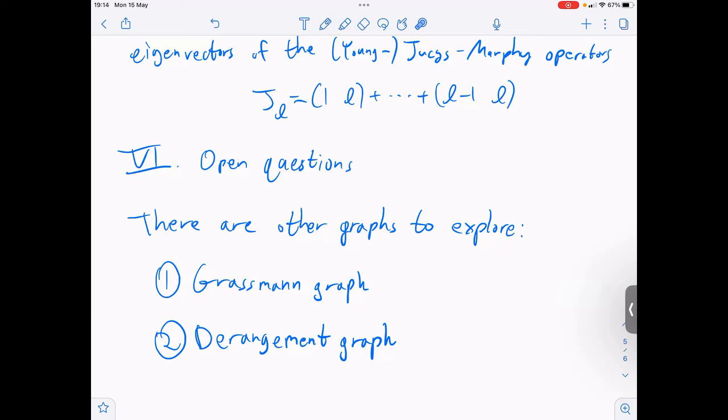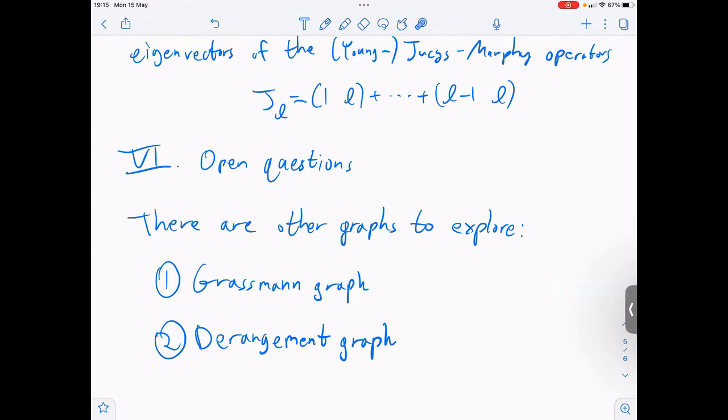Okay, but you can also construct them from the subspace lattice because the subspace poset is also sequentially differential. And in the case of the derangement graph, the eigenspaces are just the isotypic components of the symmetric group. Okay, so they're known explicitly, however explicitly we want.